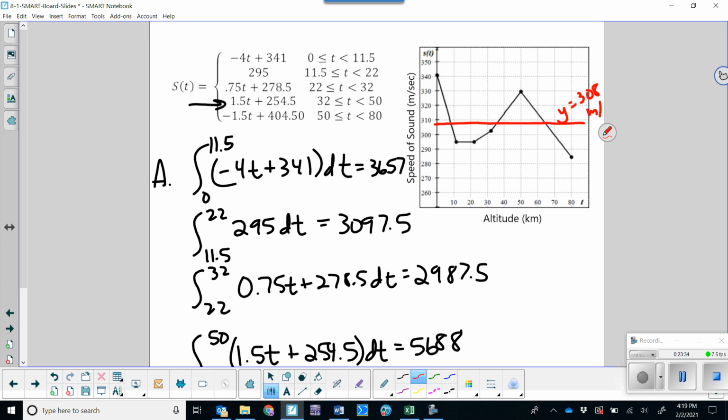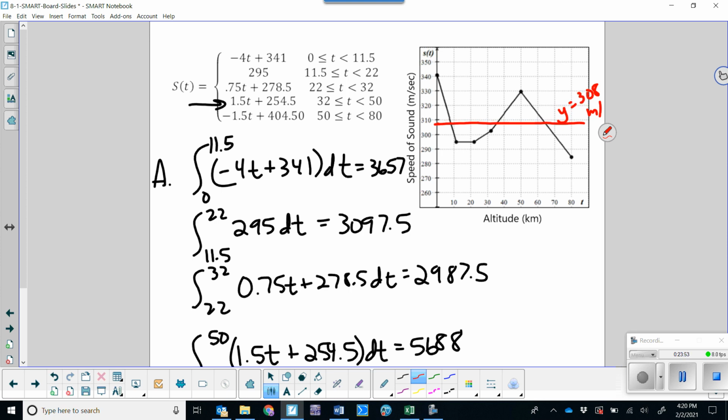And what that means is that's the place where if I were to go from 0 to 80 and draw the rectangle, that would have the same area as I get when I add up everything underneath. Okay? All right, so that's it for average value.